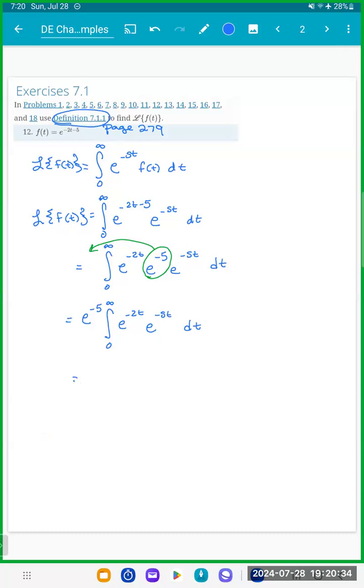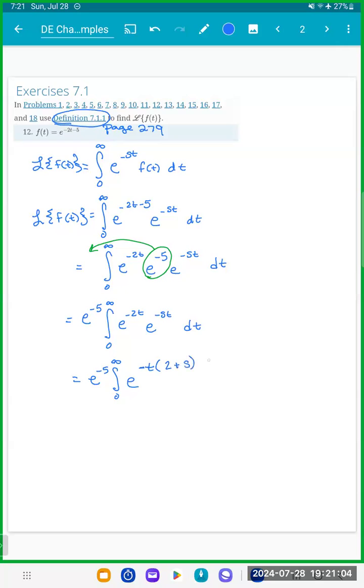So that's going to be e to the negative 5 integral from 0 to infinity of e. I'm going to factor out a negative from that. So if I take a negative t out of that, that leaves me with the positive 2 here. In the second term, it'll leave me with an s. Okay.